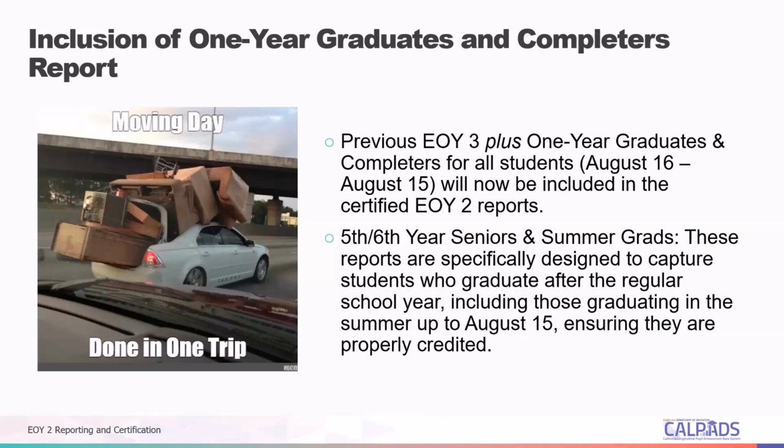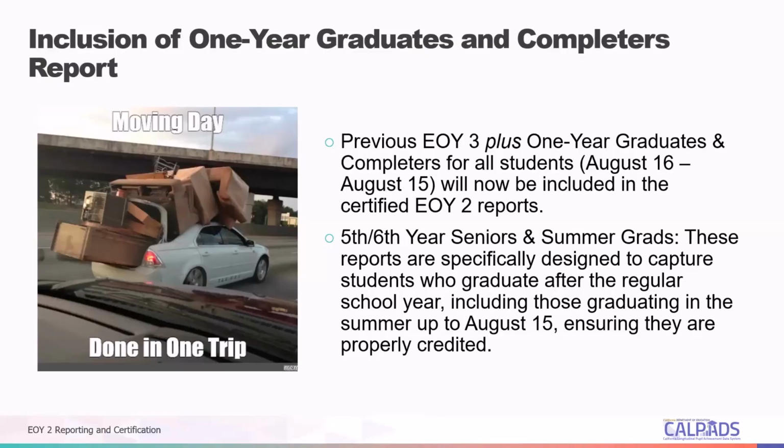So let's talk about the inclusion of one-year graduates and completers to end of year 1. This data was previously collected in end of year 3 and was moved to end of year 2 this year because the graduates and completer data has symmetry with the rest of end of year 1 being exclusive to grades 9 through 12.